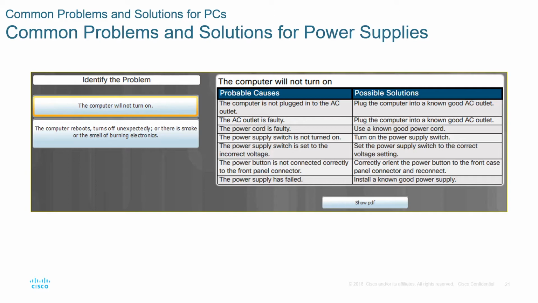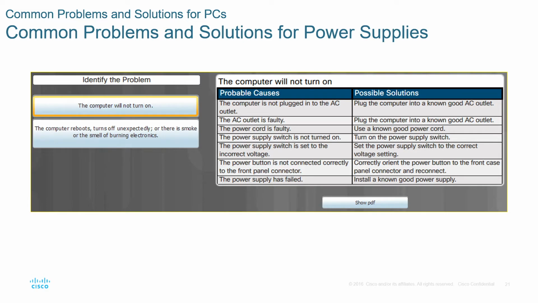Use a known good power cord, and test different power cords. It might be an issue with your power cord itself, and that is an easy replacement. You can just get another power cord, plug it in, and see if it works. If it does, you know the other one was damaged.